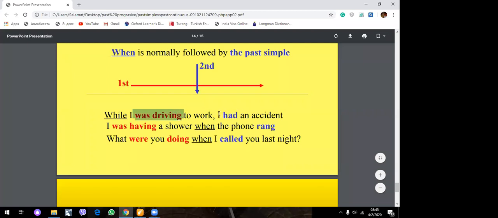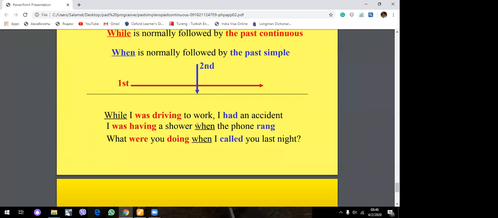We can't. Okay. Now let's use the sentence with when. I was having a shower when the phone rang. We can't use here, I was having a shower while the phone rang. It's incorrect. We have to be careful about it.